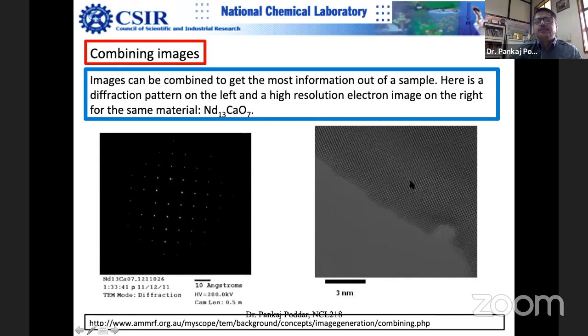Okay, so take the Fourier transform of this, mask certain points which are not of your interest, and unmask only those points which are of your interest, and then do the reverse Fourier transform. Then you get a much cleaner image, and calculate the d values for that series of planes.